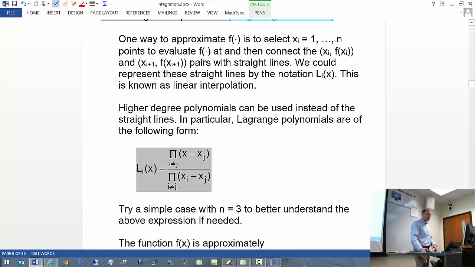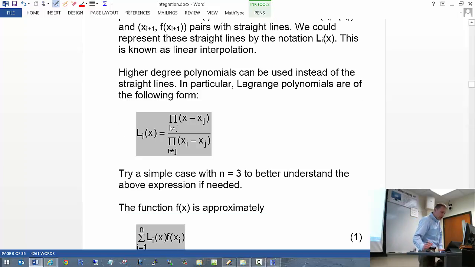So what we can do is set up some Lagrange polynomials. Let L sub i of x be equal to this expression here. To help you see what that means, let's say that n is equal to 3 and we are looking at L1.